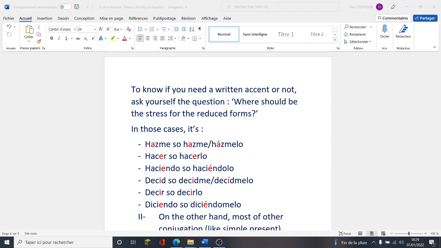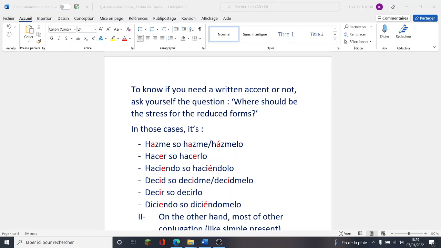But no, actually it didn't, because right now the word is ending with a vowel. So basically, the syllable that's accentuated is right now the last but one. So it concerns the E again. So in this case, you don't need any written accent to move the stress, because naturally it moved to the right syllable. So that's why you don't need to add any form of written accent in this case.